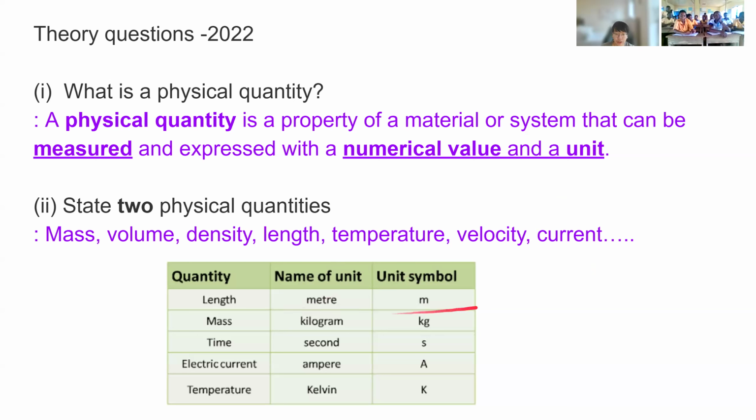So we can say a length is 5 meters or 1 meter or maybe 100 meters. Same with mass, you can have 50 kilograms of something, maybe 2 kilograms, maybe even 1,000 kilograms. And the point here is that they all can be represented by a number and a unit, can be measured. That is a quantity.